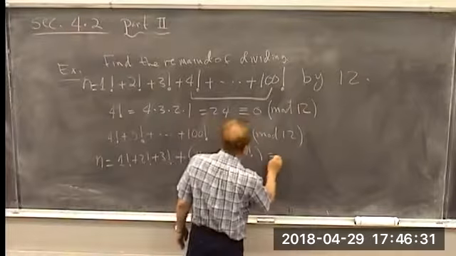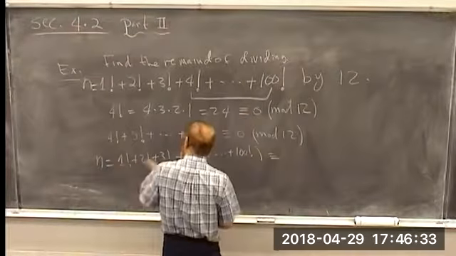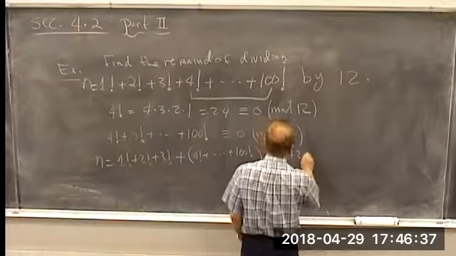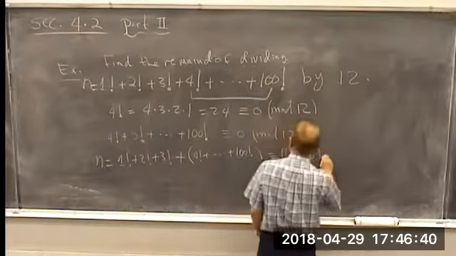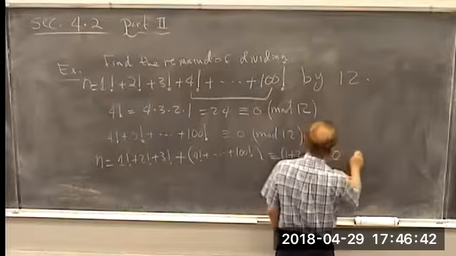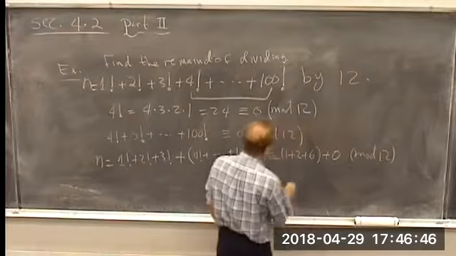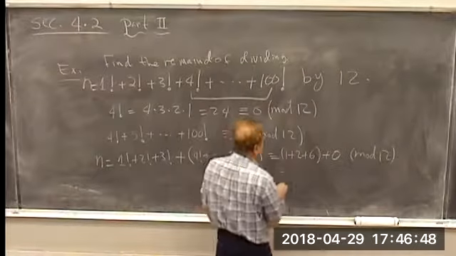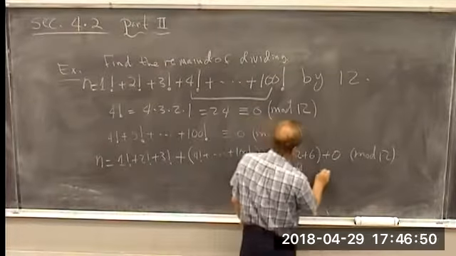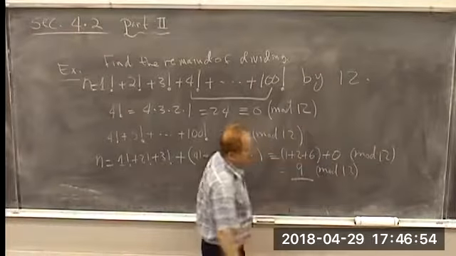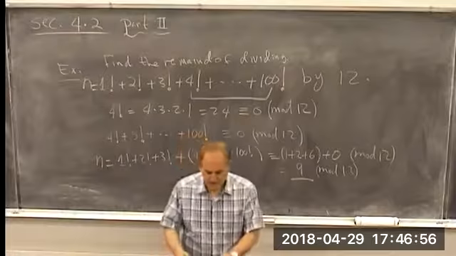And this is congruent to the sum 1 plus 2 factorial, which is 2, plus 6, plus 0 mod 12. Now this adds up to 9 mod 12, and the remainder is going to be just 9.